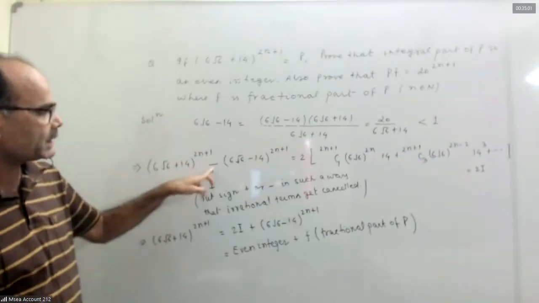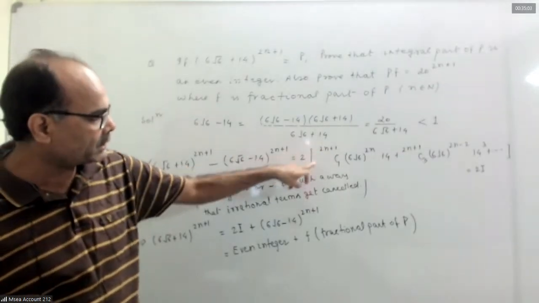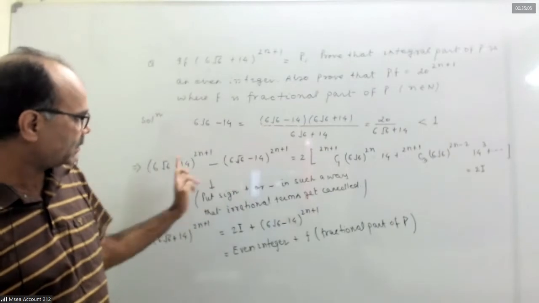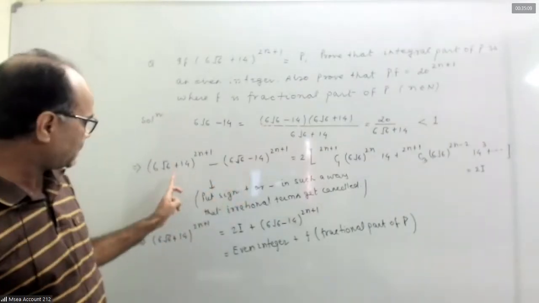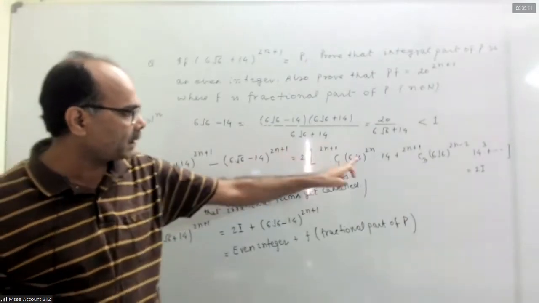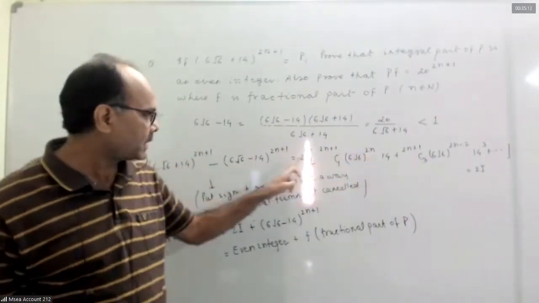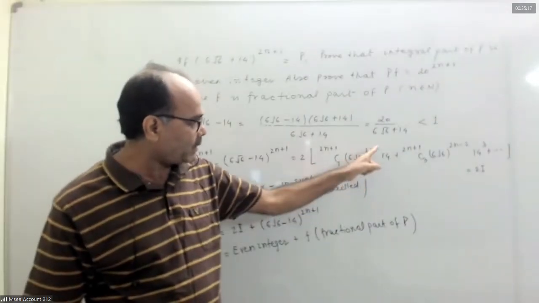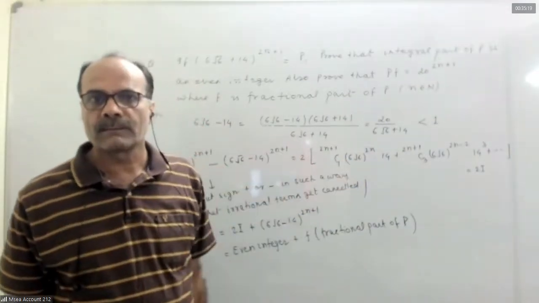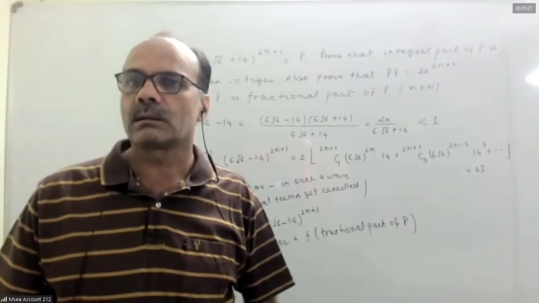So the first term, 2n plus 1 C0, will get cancelled. The second term here will be added, that's why it is 2. And now this term is to the power even, which is an integer.